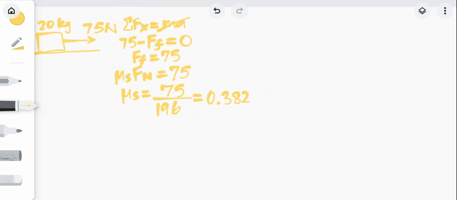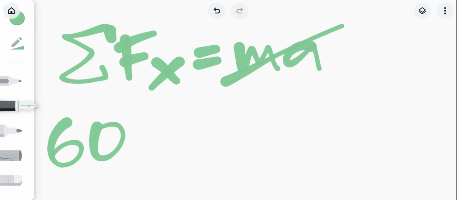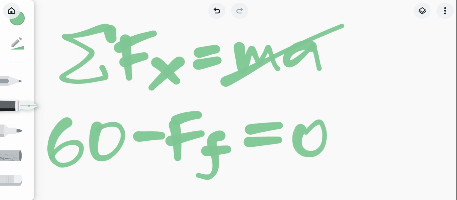Then it tells us later on in the problem about the coefficient of kinetic friction. It says, after the crate is in motion, a horizontal force of 60 newtons is required to keep it moving with a constant speed. So if it says constant speed, therefore no acceleration, therefore this side is entirely zero. But it says 60 newtons of applied force is required, and then there's also frictional force equals 0.